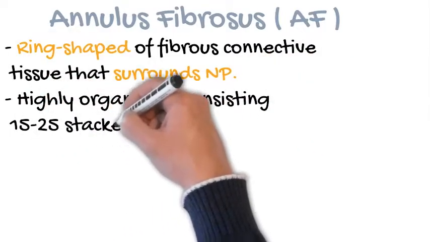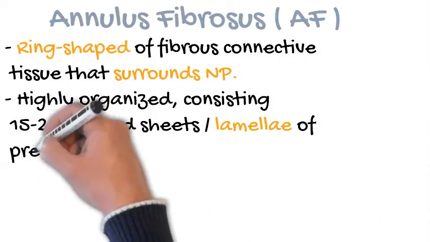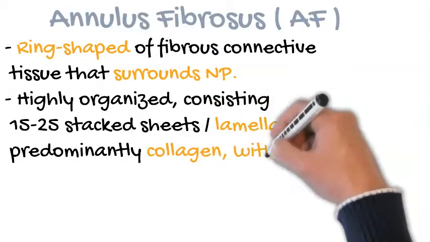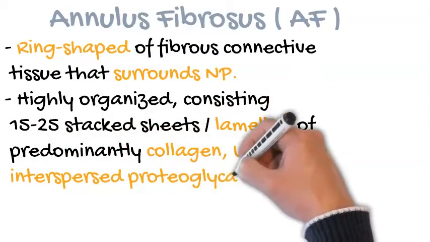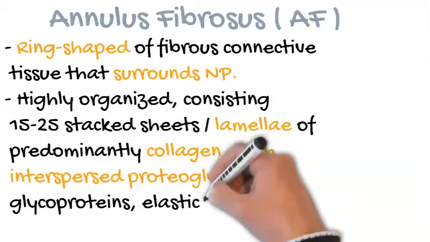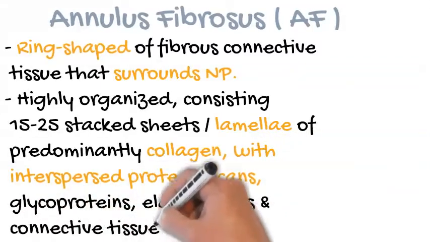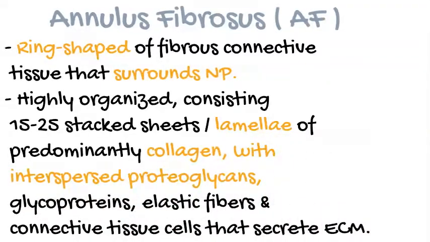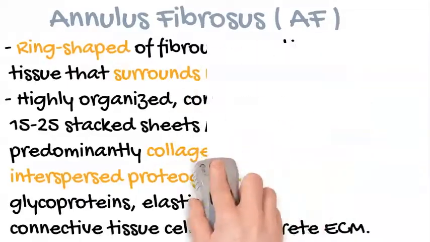The annulus fibrosus is highly organized, consisting of 15 to 25 stacked sheets or lamellae of predominantly collagen, with interspersed proteoglycans, glycoproteins, elastic fibers, and connective tissue cells that secrete these extracellular matrix products.